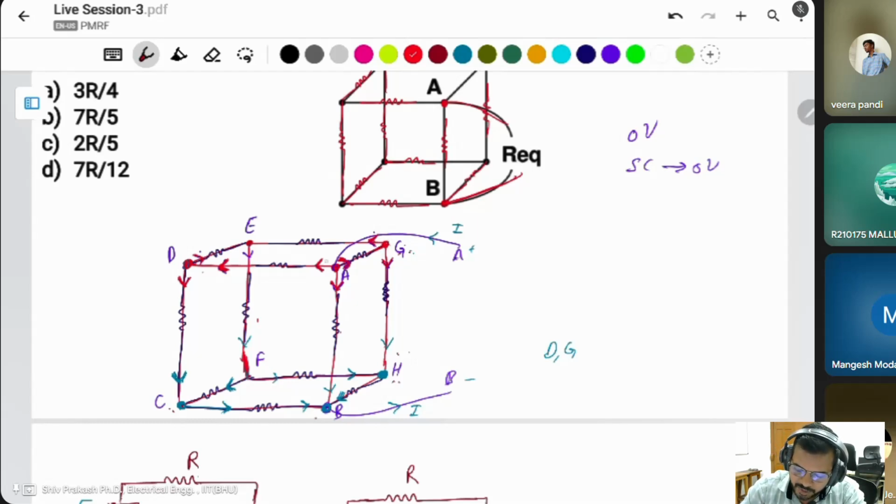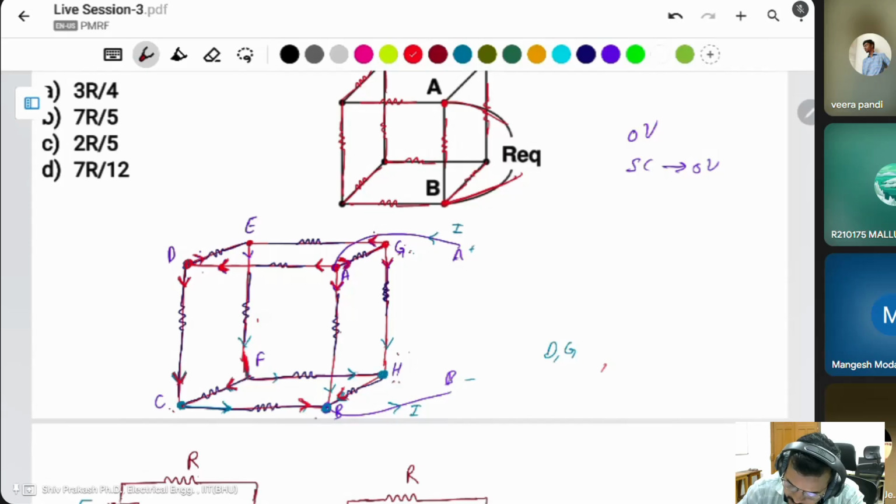Voltage drop is the same, it means D and G have the same potential. That's why I wrote D and G as the same point. Same potential means same point. Same thing on the negative side: current is coming from C and H to B. But the current comes to the C point in two parts.